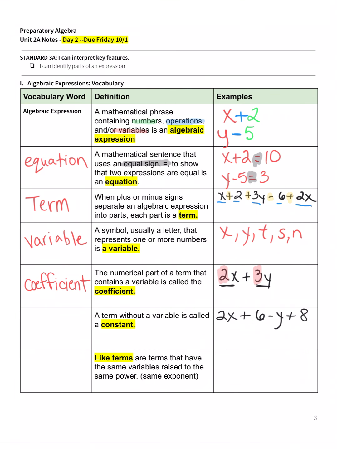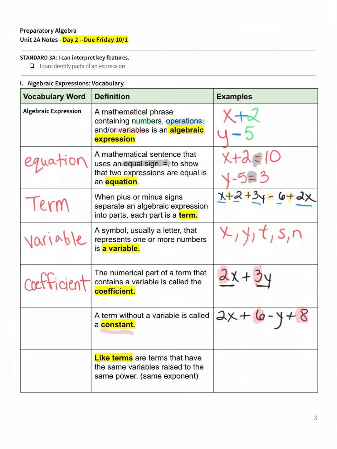There's an expression. Every time we see a term without a variable, it is called a constant. So we can see here that there are 1, 2, 3, 4 terms. And anytime you see a plain old number, that is a constant. So this would be a constant, and this would be a constant.